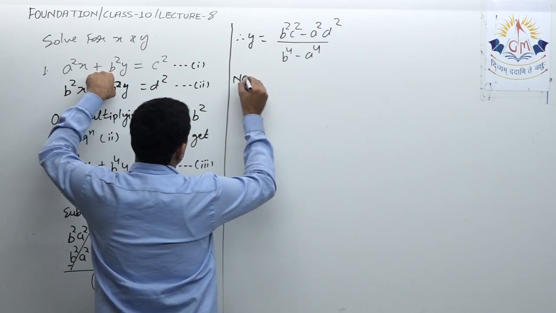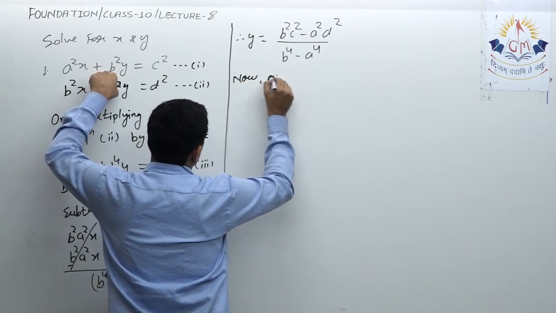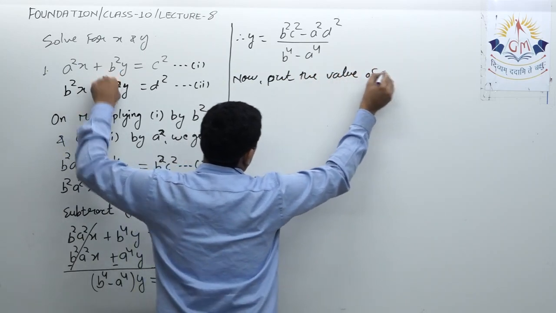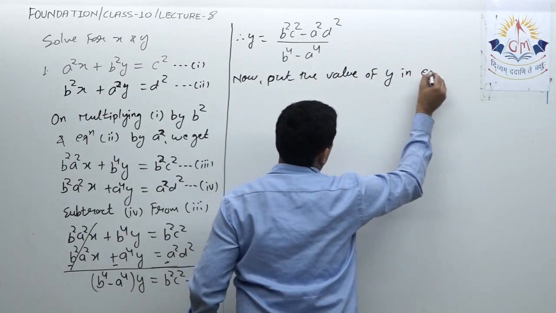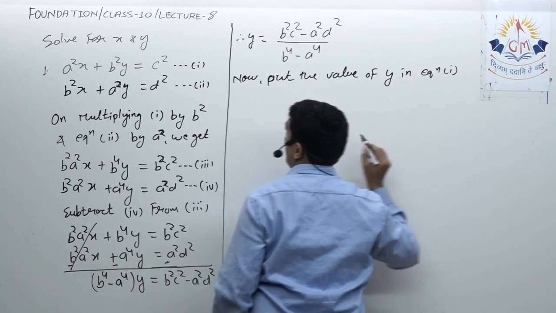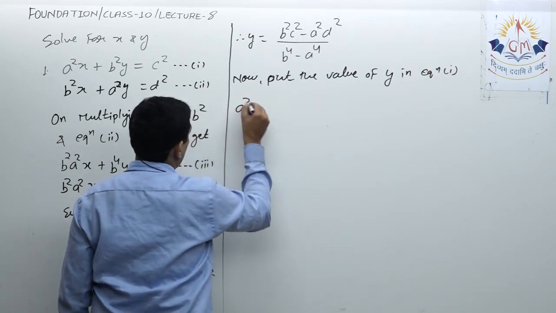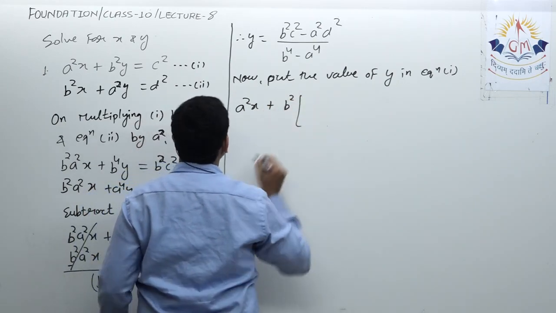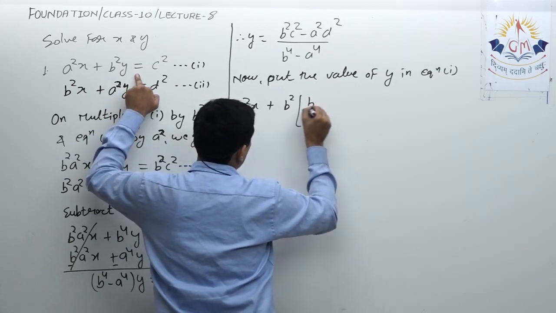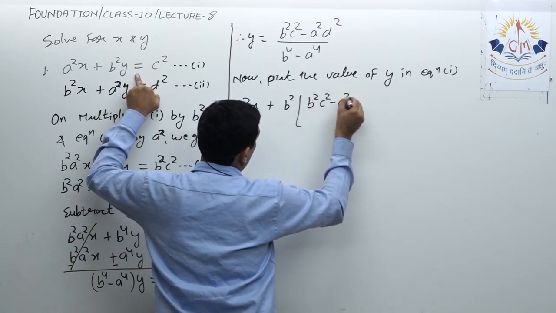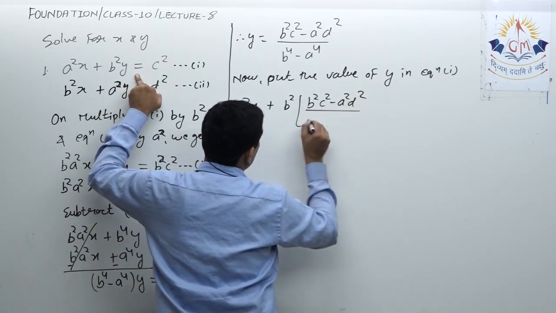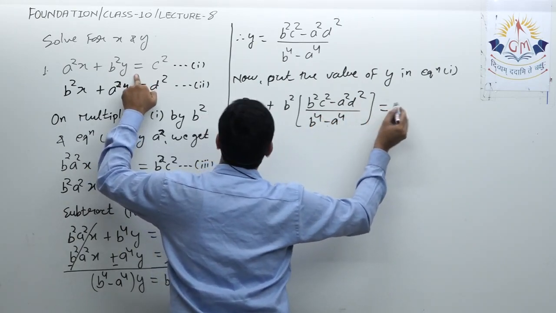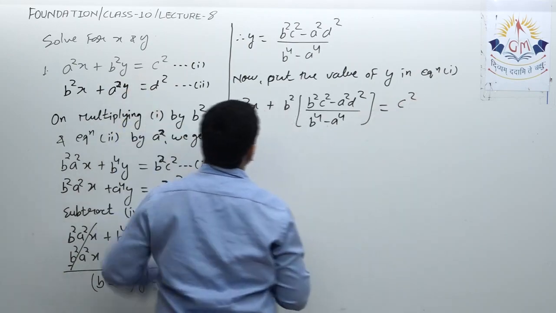So now put the value of y in equation 1. This gives you a square x plus b square into the value of y, which is b square c square minus a square d square upon b raised to 4 minus a raised to 4, is equal to c square.